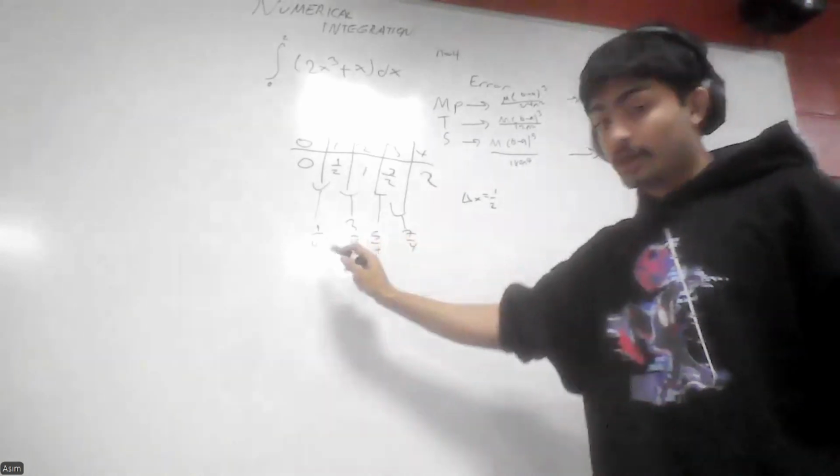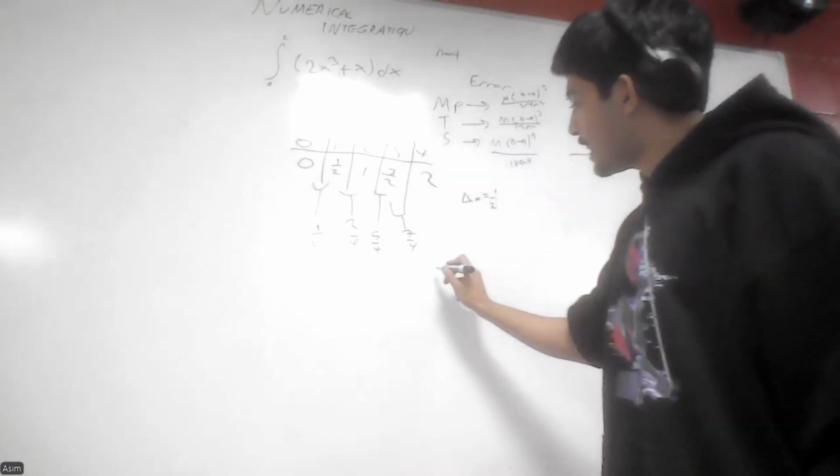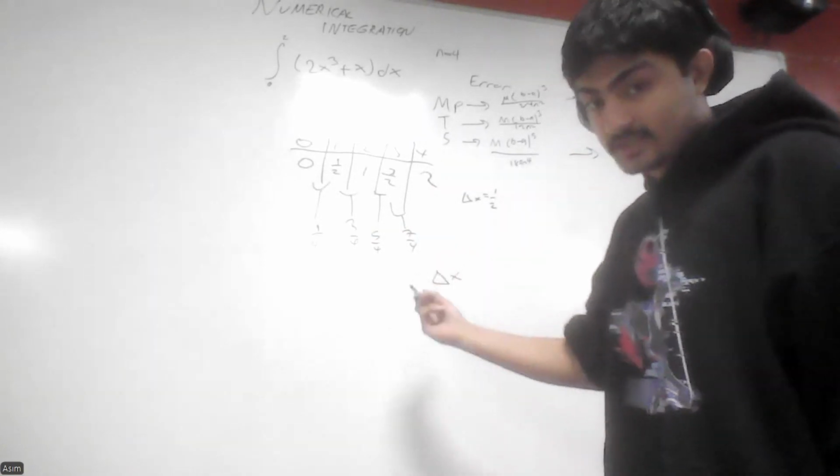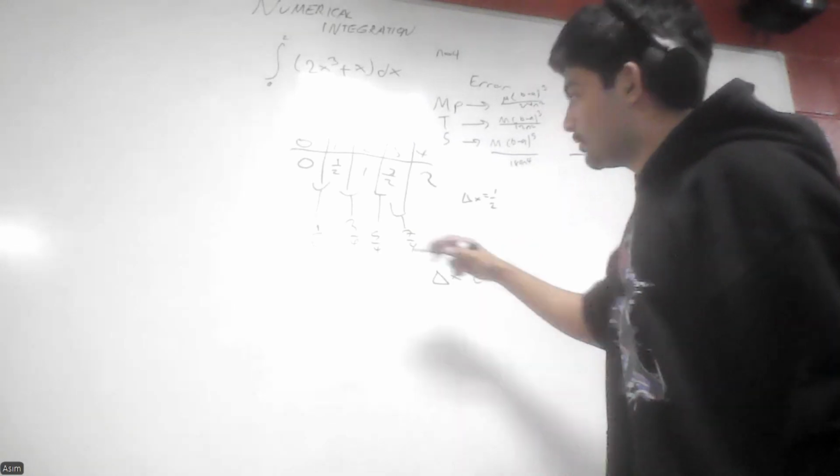And this delta x will help us with all of the rules we're going to use. So we got our midpoints. So now what I have to do in order to solve this integral by midpoint rule is delta x times all of your subintervals.